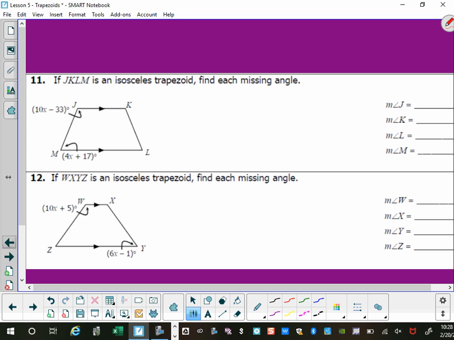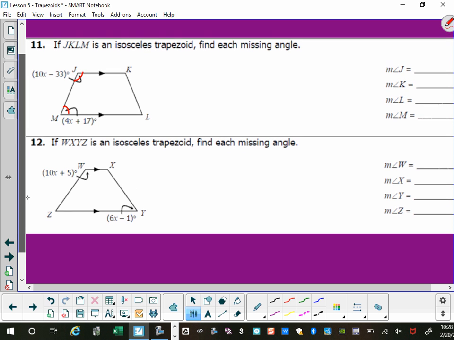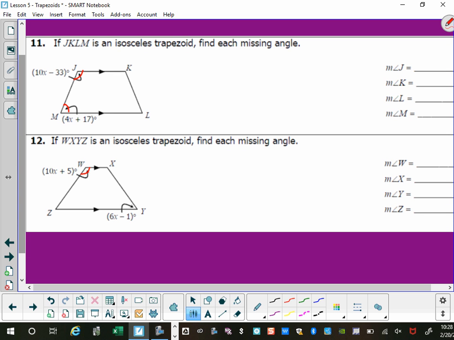What you guys have to realize is what they give us. I have same side angles, so they're going to be equal to what? 180. On number 12, I have opposite angles. Opposite angles are what?